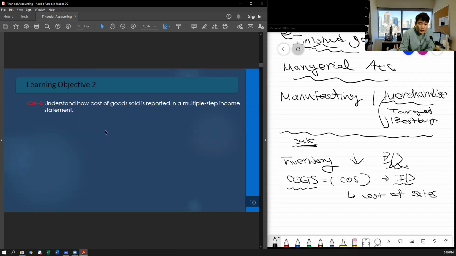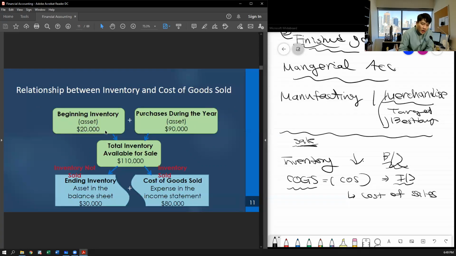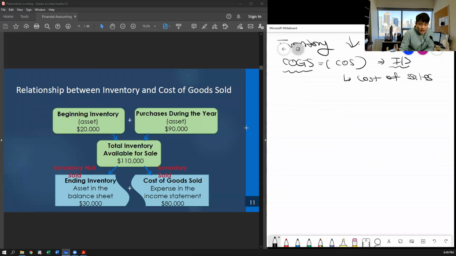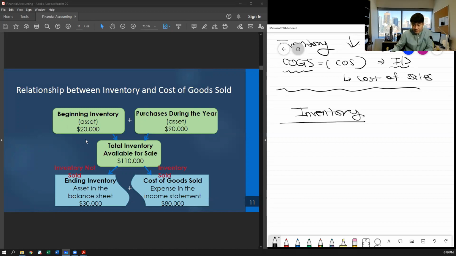So for the next part, I'm going to be talking about the structure of an income statement. Okay. Now, before we get into this income statement, this graph looks very complicated. Basically what this illustration means is that we have an inventory T account. For the inventory T account, you have a beginning balance, that's reported at the end of the last year or January 1st of this year.